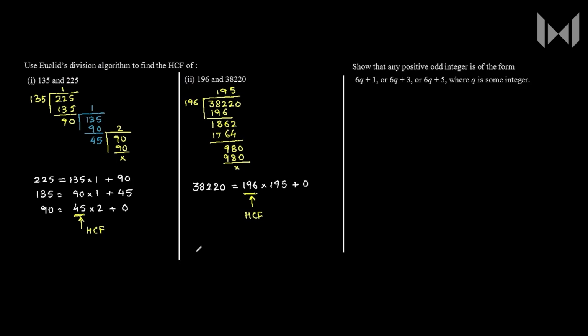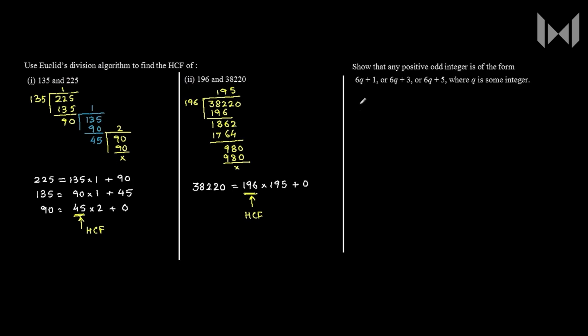Okay, now coming on to Euclid's division algorithm to show that any positive odd integer is of the form 6q plus 1, 6q plus 3, or 6q plus 5. Now over here we can see that the divisor is 6. So according to the remainder theorem, the remainder should be either 0, 1, 2, 3, 4, or 5.